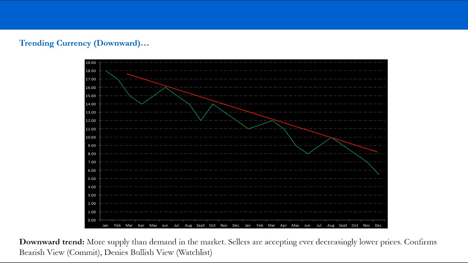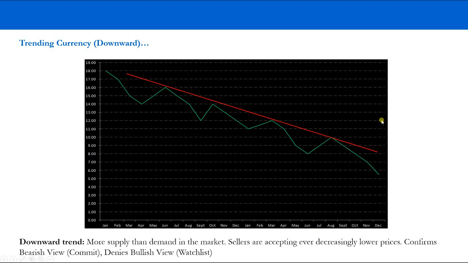So if you come into this situation where you have a fundamental predisposition that's bullish, you'd be better off sticking your fundamental idea on the watch list and leaving it until this well-defined downward trend is broken to the upside.